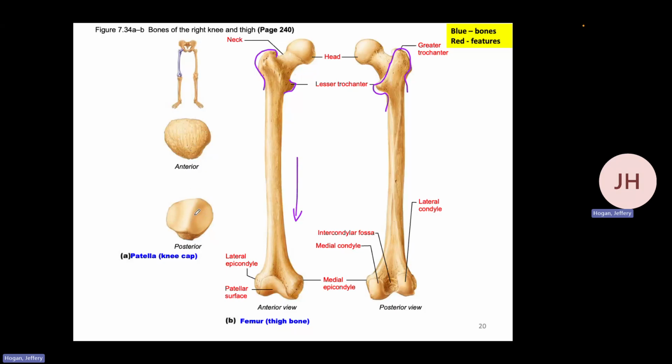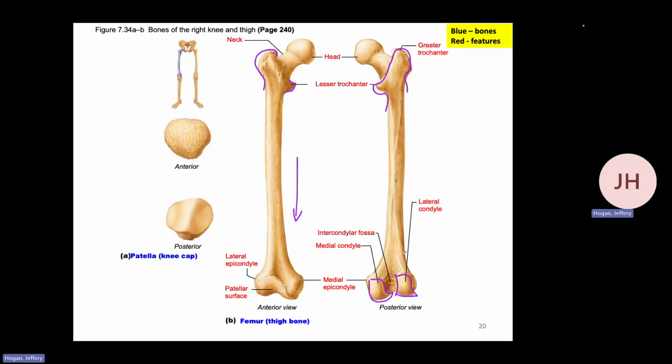And the back of it is nice and smooth and covered with cartilage to glide nice and easily over that patellar surface, right? And the knee joint proper happens down here at the medial and lateral condyles, at this articular surface here, right? Large rounded knuckles of bone covered in hyaline cartilage, right?